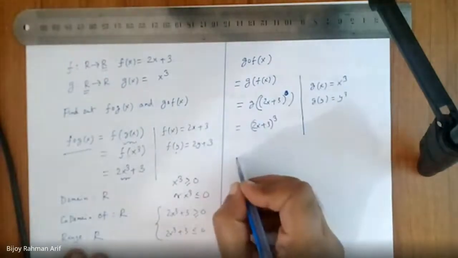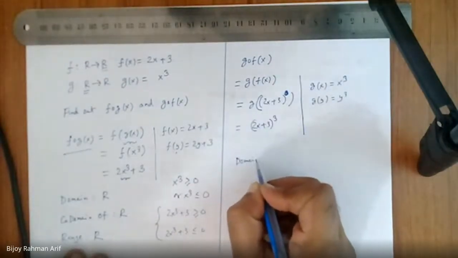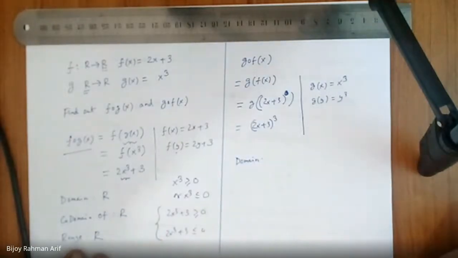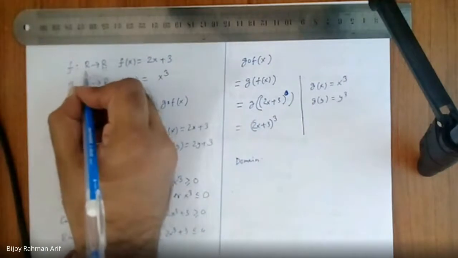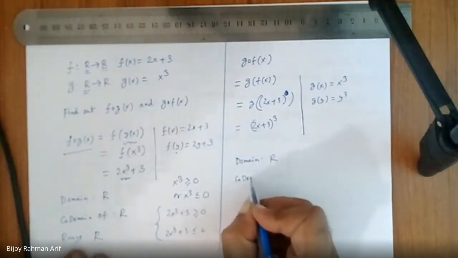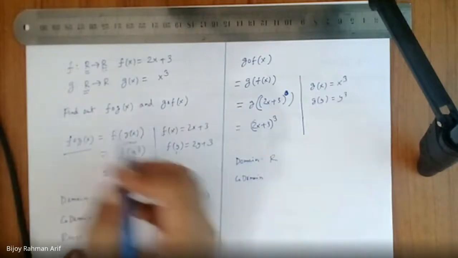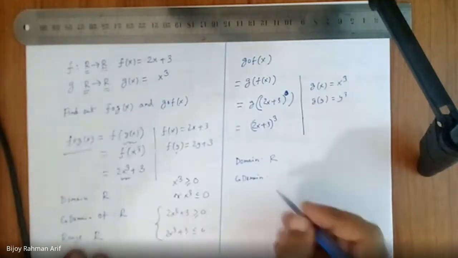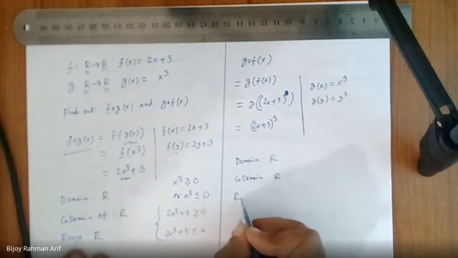So what would be the domain? The domain of g of f is nothing but the domain of f. So the domain of f is nothing but R. The codomain of g of f is nothing but the codomain of g, which is also R. What is the range?